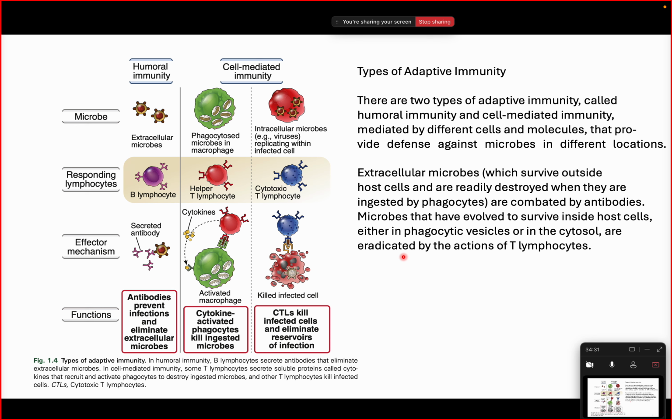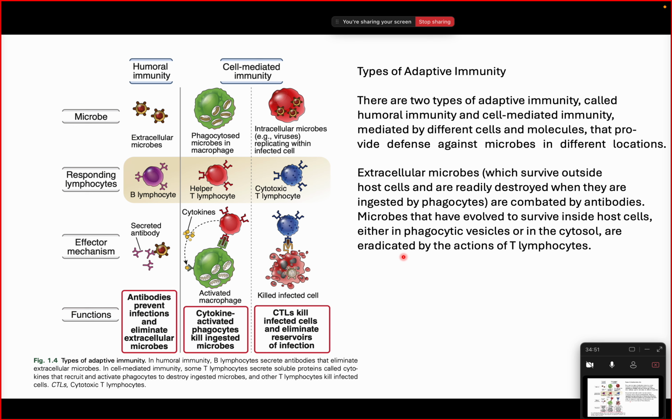Now, the adaptive immune system will come into play. So this was just a way of seeing things from a macro perspective so that you can get a better understanding of this.